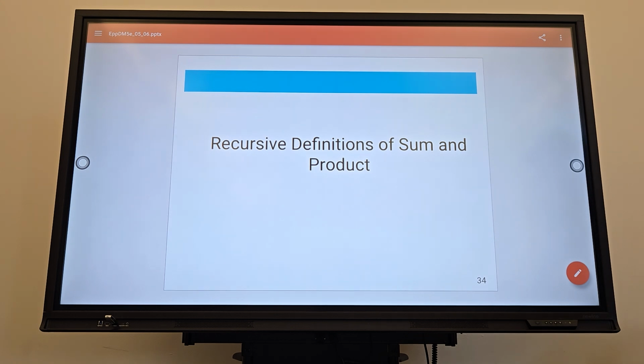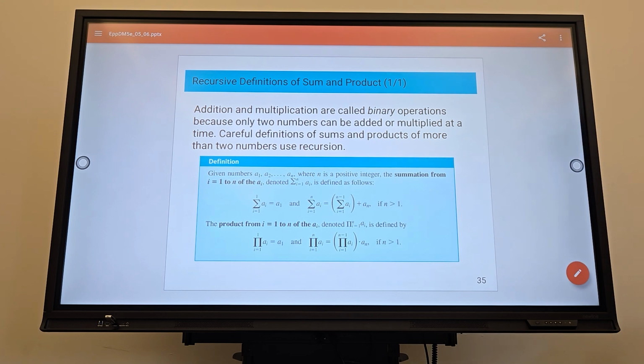Recursive definitions of sum and product. Addition and multiplication are called binary operations because only 2 numbers can be added or multiplied at a time. Careful definitions of sums and products of more than 2 numbers use recursion. Given the numbers a sub 1, 2, 3 to n, where n is a positive integer, the summation from i equals 1 to n of a sub i is defined as follows.